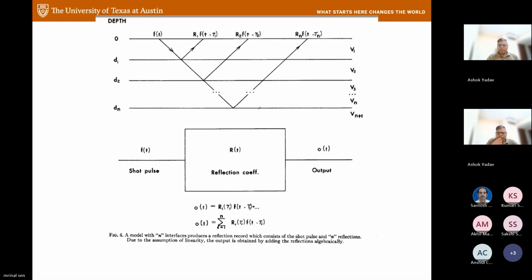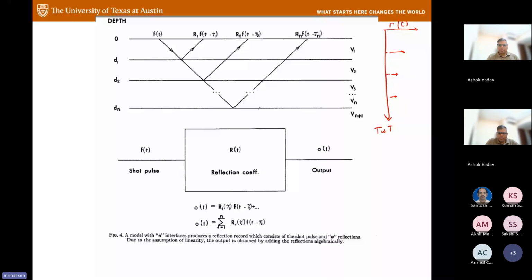Now, if you have multiple layers, for each one of those you have to have a reflection coefficient. The first thing you do is generate a time series. This is your two-way time, and this is your reflection coefficient. You have one reflection here, another reflection coefficient there. It all depends on the contrast.